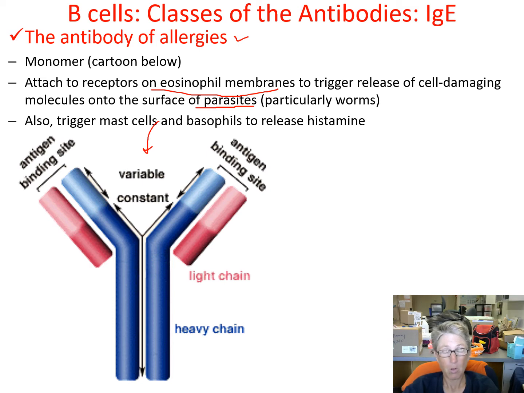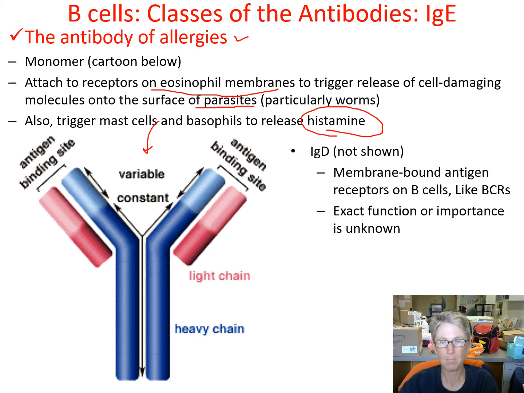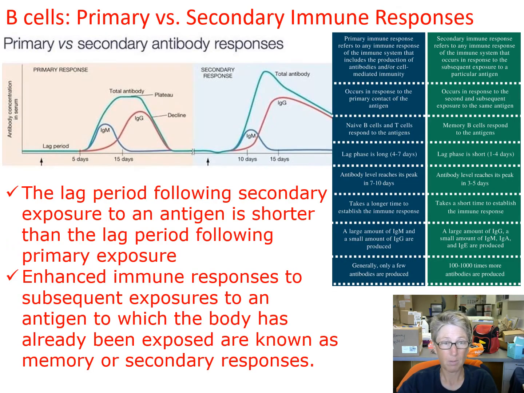So if you are infected with worms and they do a blood antibody titer, your IgE would be up because it's helping eosinophils kill those worms. IgE can also trigger mast cells and basophils to release histamine, ergo your allergies. You've got to take an antihistamine for that. And then there's also IgD, but the exact function is unknown.